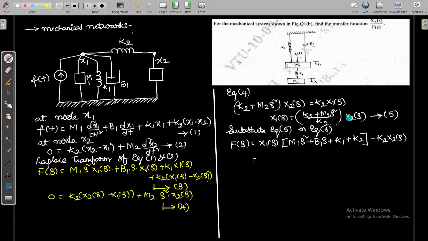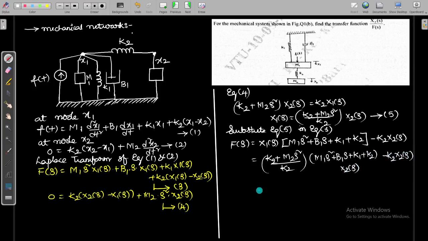In place of x1 you can substitute equation number 5. So if you substitute, (k2 plus m2 s square) divided by k2, into (m1 s square plus b1 s plus k1 plus k2), into X2(s), minus k2 into X2(s).